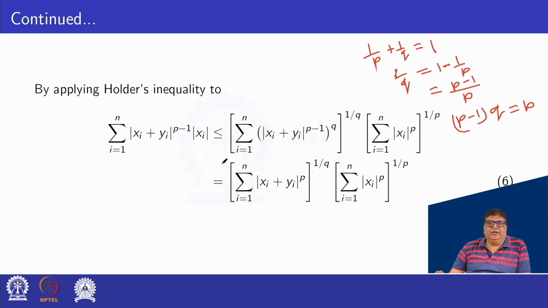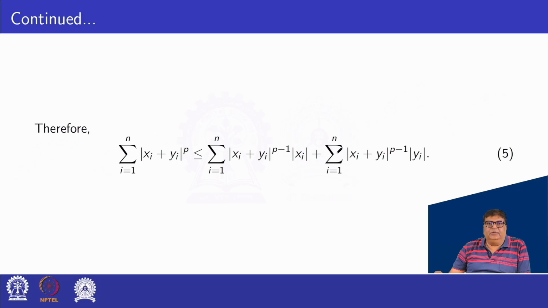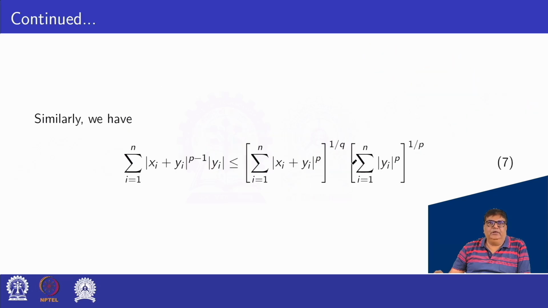Similarly, for the second term, after applying Holder's inequality, we get the summation |xi + yi|^(p-1) into |yi| less or equal to (summation i = 1 to n |xi + yi|^p)^(1/q) into (summation i = 1 to n |yi|^p)^(1/p).